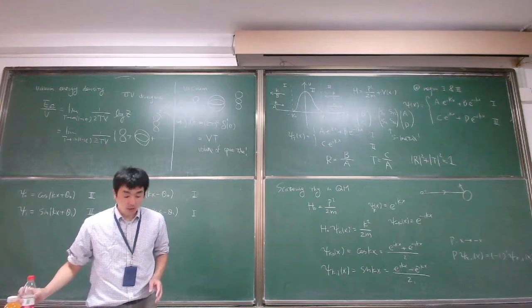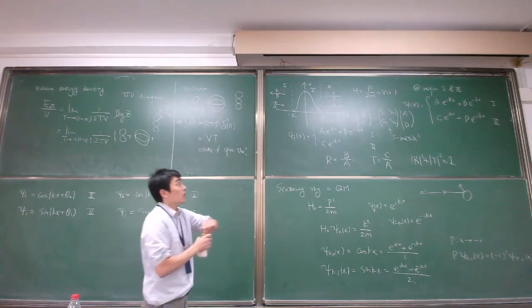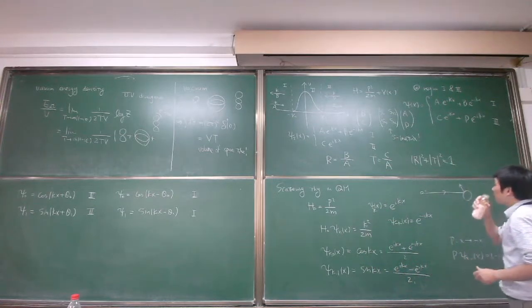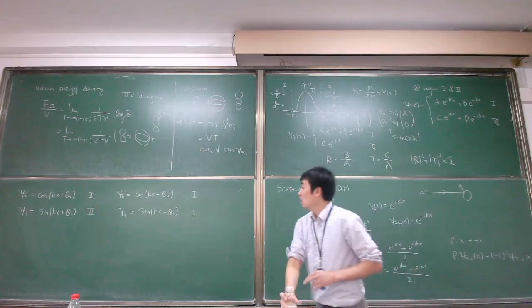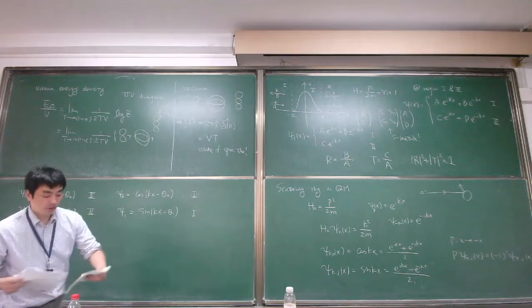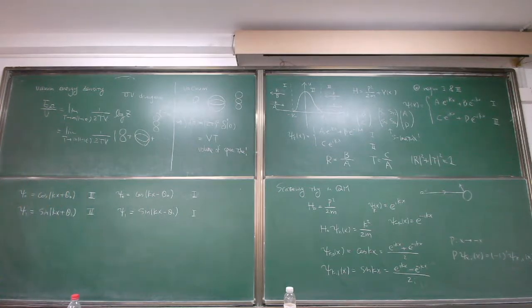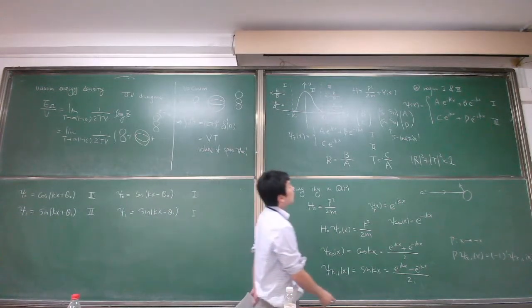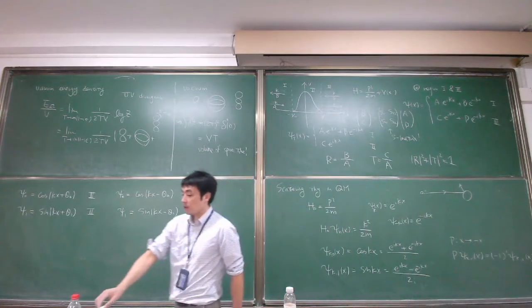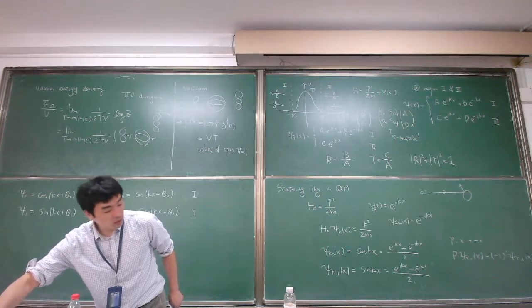So let's consider the following thing. Okay, and then let's do the computation. If this is the case, what is the scattering amplitude? So if this is the case, what are A and B, here for psi 0? Let me write down in yellow.